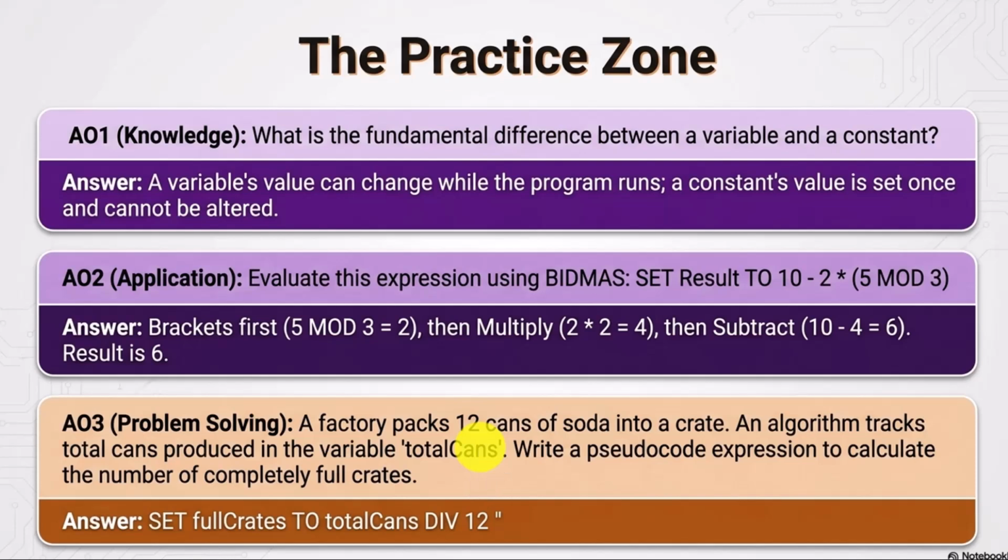In each pack we get 12. So we have to count how many full packs will be created. So the answer is: set full crates to total cans integer division by 12. Because we are not counting the exact number, simply how many full packs will be ready. So that is the answer.